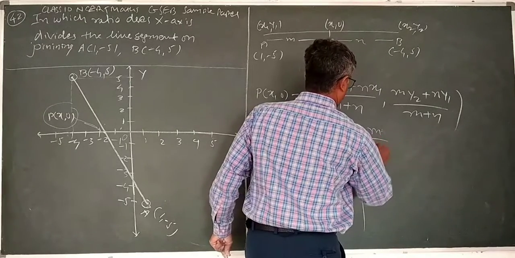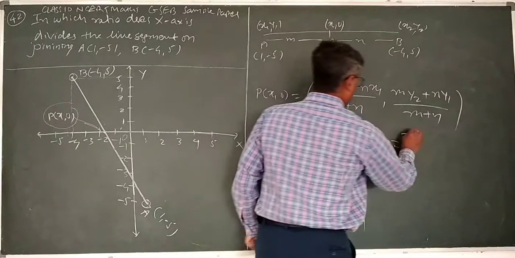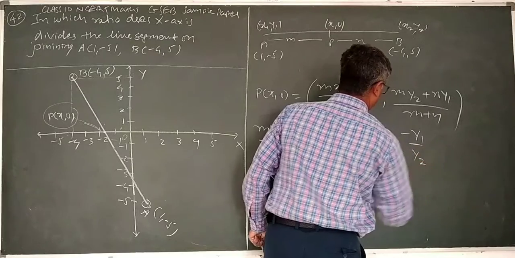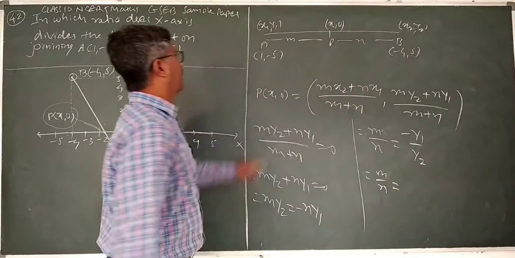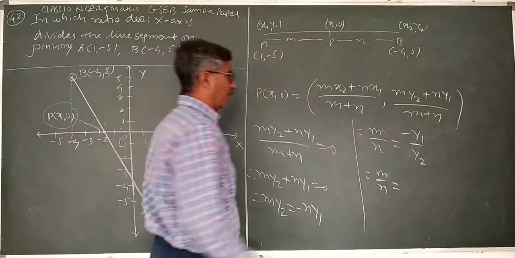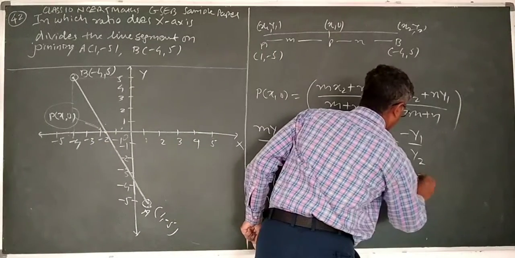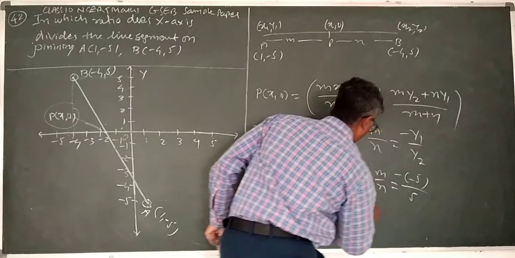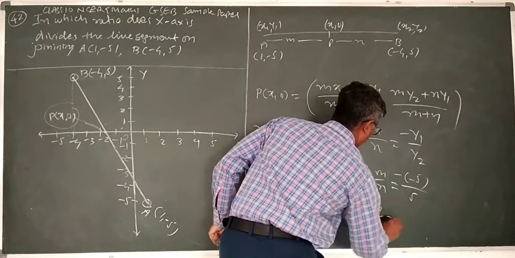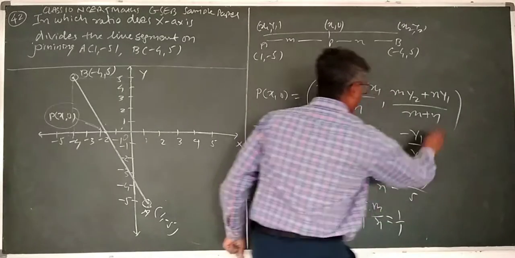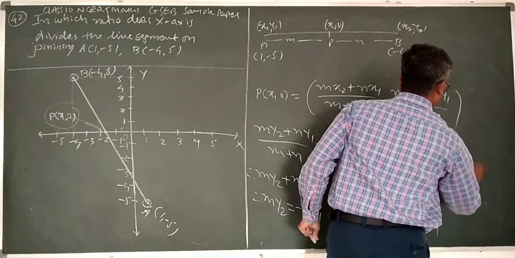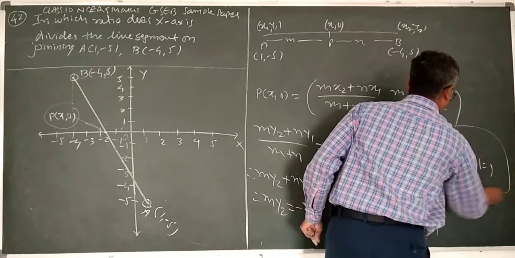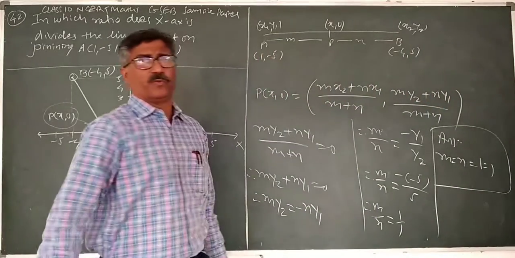Therefore m/n equals -y1/y2. So m/n, with y1 as -5, equals -(-5)/5, so m/n equals 1/1. So the answer is m is to n, 1 is to 1.